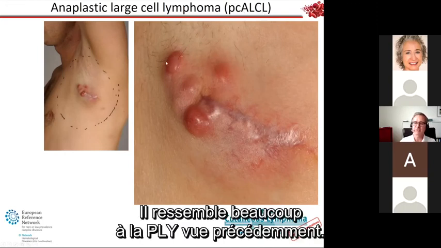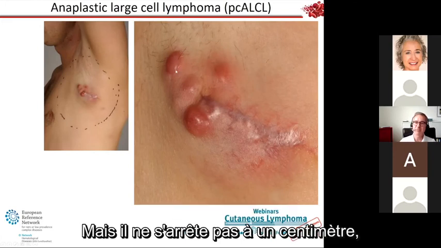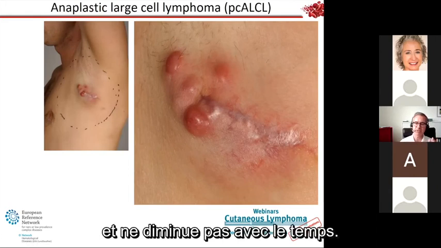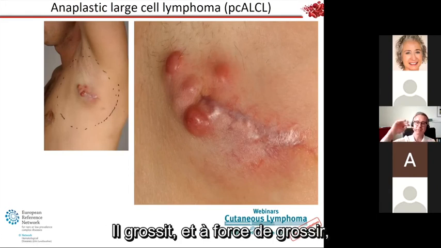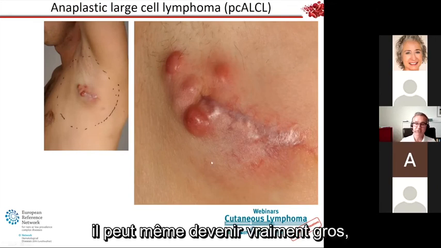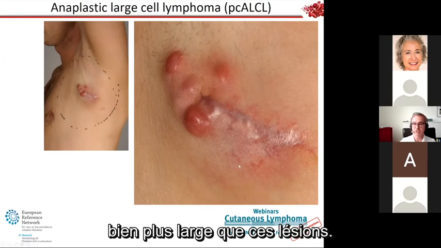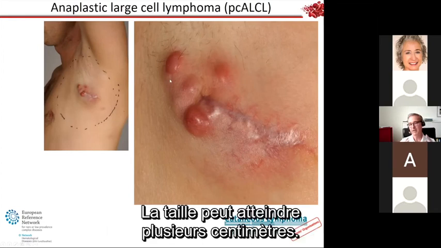And they look very similar to the LyP we have been looking at before, but they do not stop at the size of 1 centimeter and decrease over time, but they just keep growing. And when they grow, they can become really, really large, much larger than these lesions. They may grow up to several centimeters.